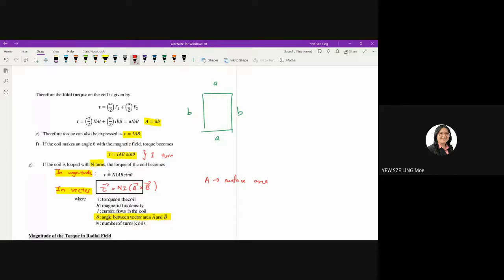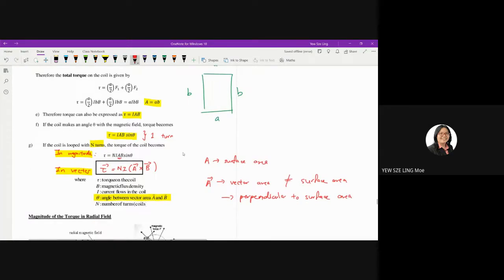So in calculations, you use the value of the surface area, but when determining the direction, you use vector A. This is vector A, the vector area, and it is not the surface area, but is perpendicular to the surface area.